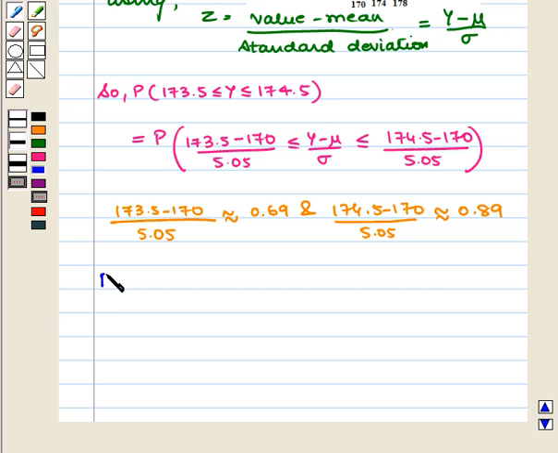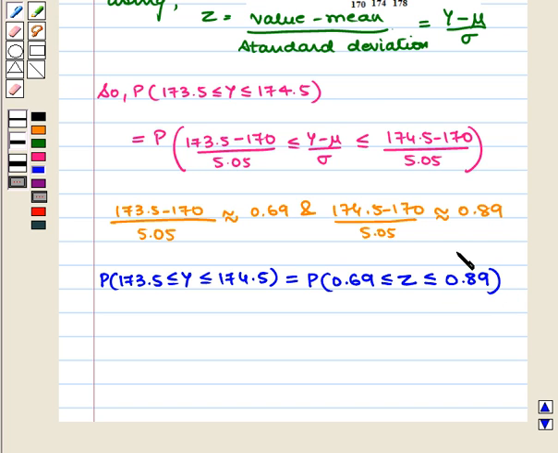So probability of 173.5 less than equal to y less than equal to 174.5 is equal to probability of 0.69 less than equal to z less than equal to 0.89.